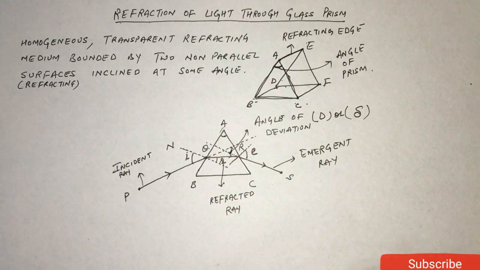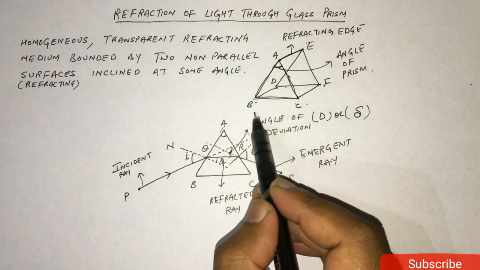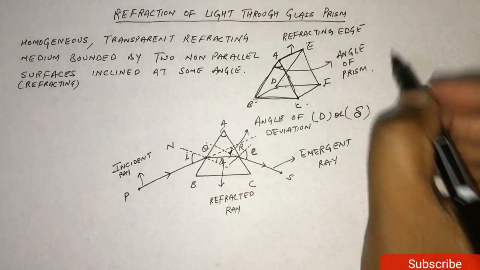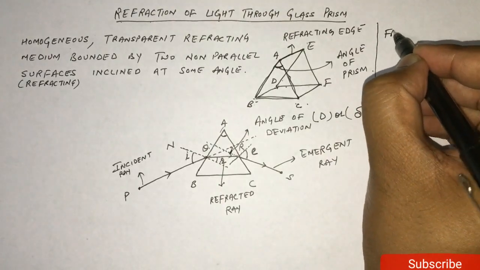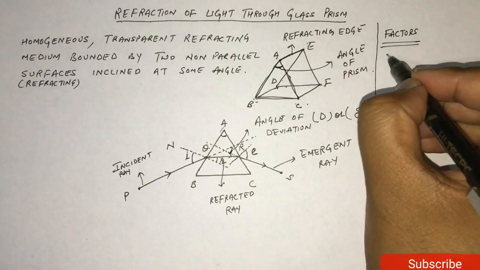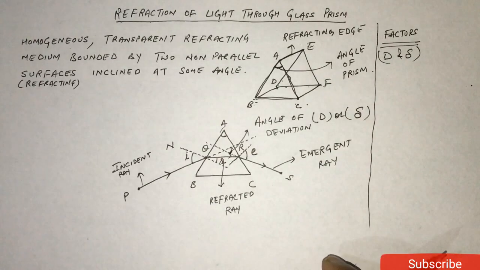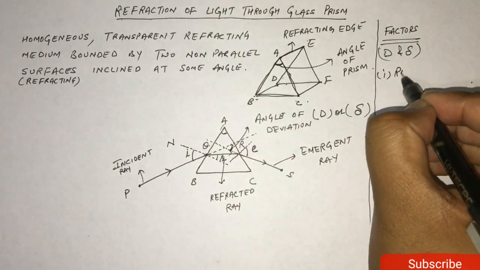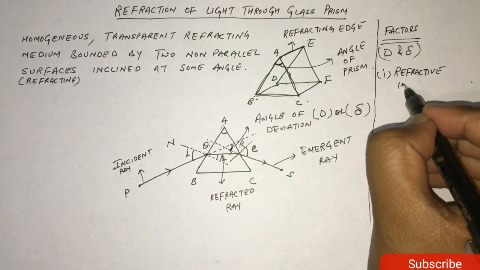Is that clear? Now let us discuss the factors on which this angle of deviation D or delta depends. First factor is refractive index.